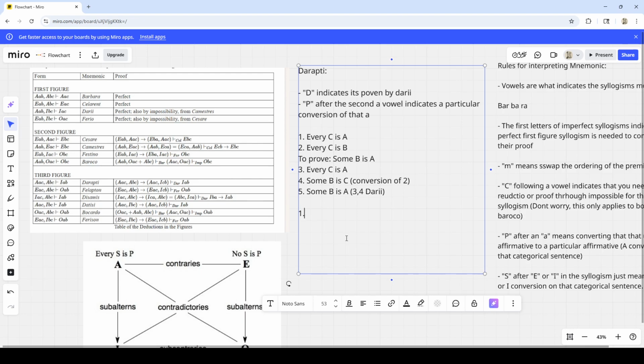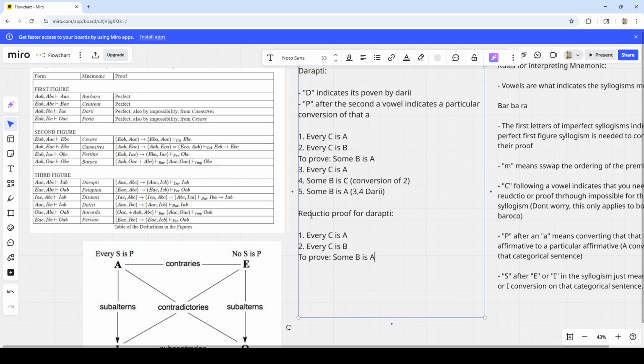Let's say we wanted to reduce Darapti via indirect proof, or we want to prove Darapti via reductio ad absurdum. We know that some B is A is an I categorical sentence, and then we assume the negation, or the contradiction, of the desired conclusion.